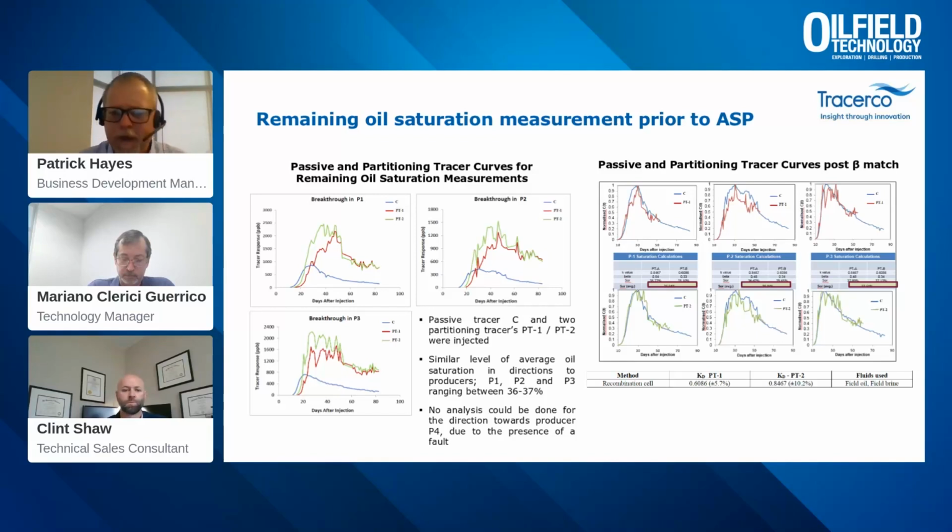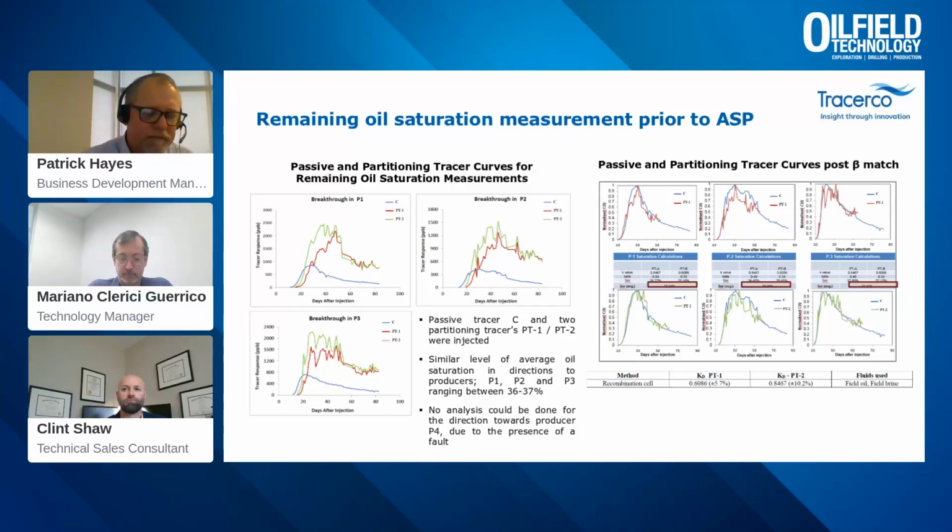I won't go through every plot here, but we can start with the top left. The blue trace being the passive tracer, the green trace being one of the partitioners, and the red trace a secondary partitioner.